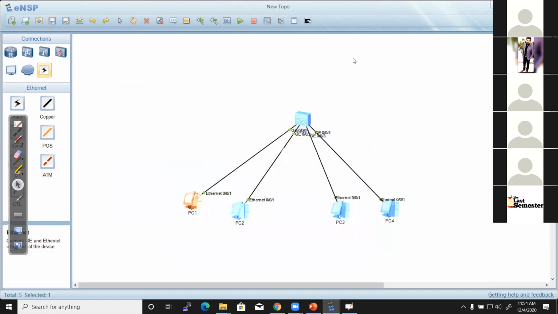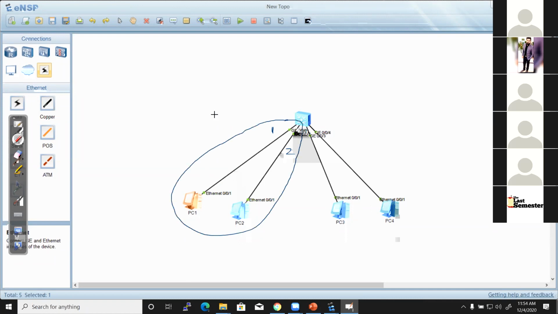But now the company has changed the policy and they want port 1 and port 2 of the switch to be bound, mapped, and isolated into VLAN 10. For example, VLAN 10 we are creating for the IT department.